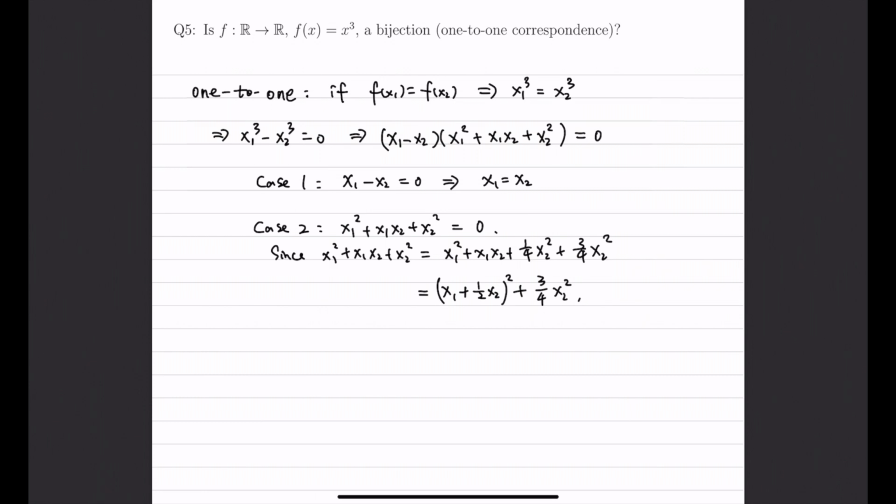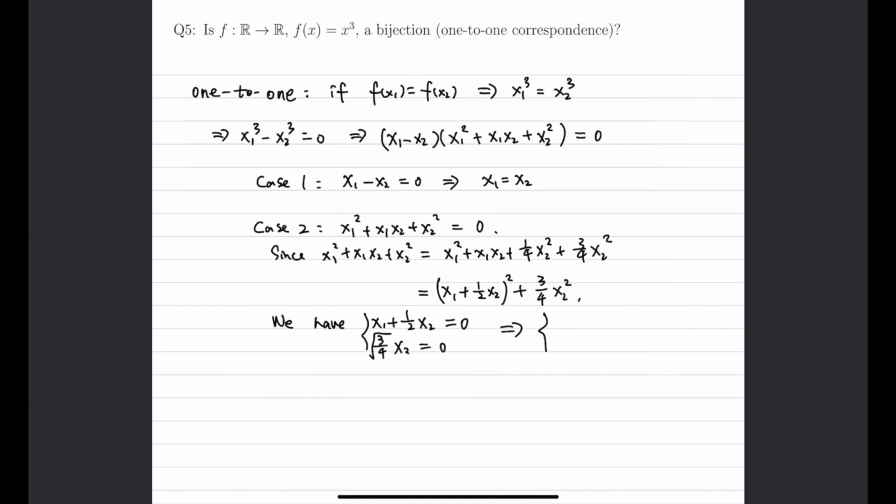And since this term must be equal to 0, they must be both 0. So this must be 0, and this must also be 0.